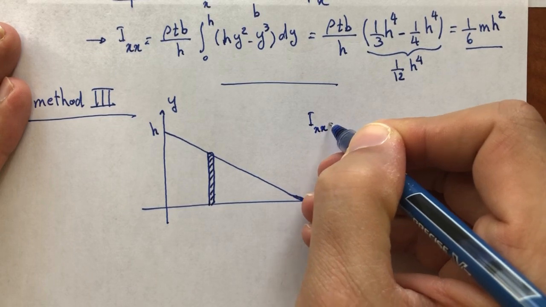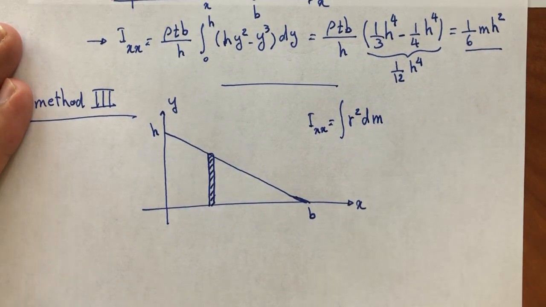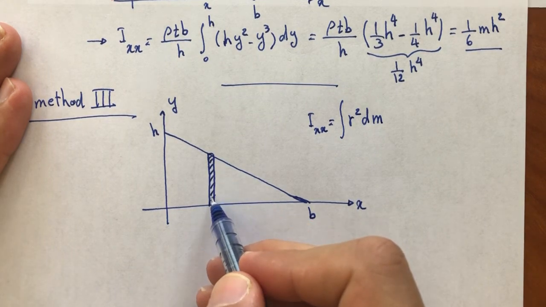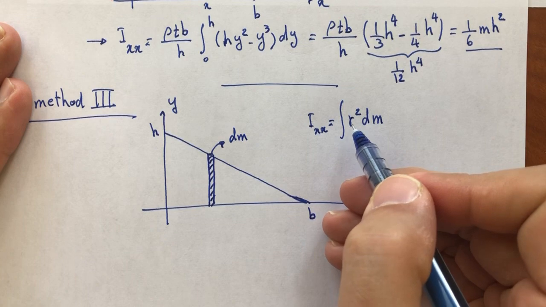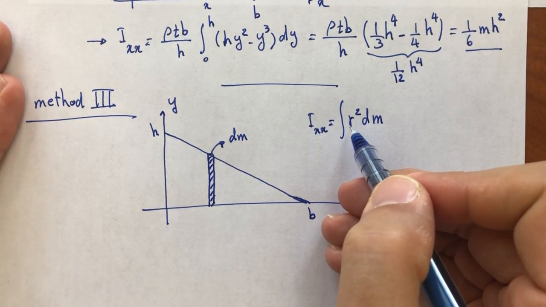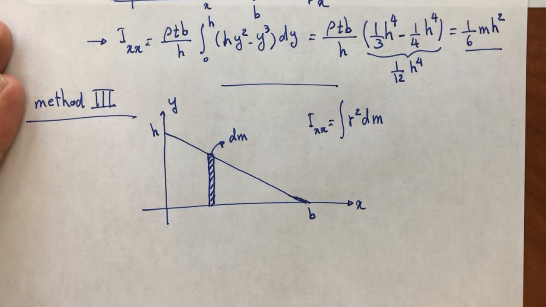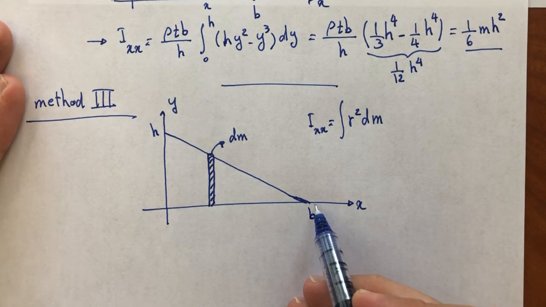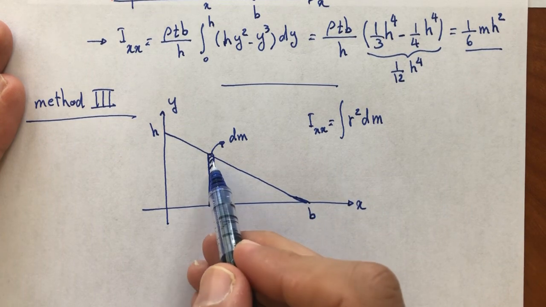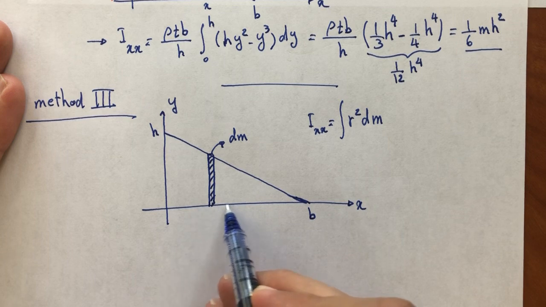But I'm not going to start with the definition by choosing these elements, because if you start from the definition of the mass moment of inertia, which is this equation, then for your element, for your dm, the definition of r is the distance of your element from your axis, which is x here. What is the distance of this element from the x-axis? There is no answer for that, because different points of this element have different distances from the x-axis.